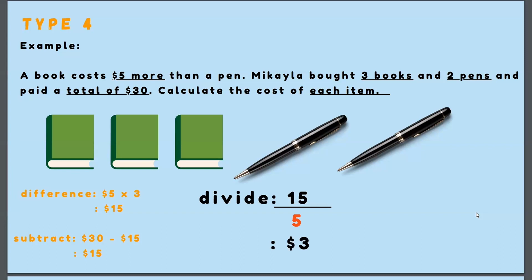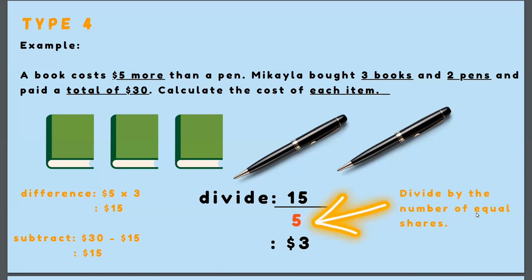The remainder that is there, that $15, has to be shared among how many items? 5 items, 3 books and 2 pens. So you must share that according to the number of equal shares. 15 divided by 5 is 3. Right? Always divide by the number of equal shares.